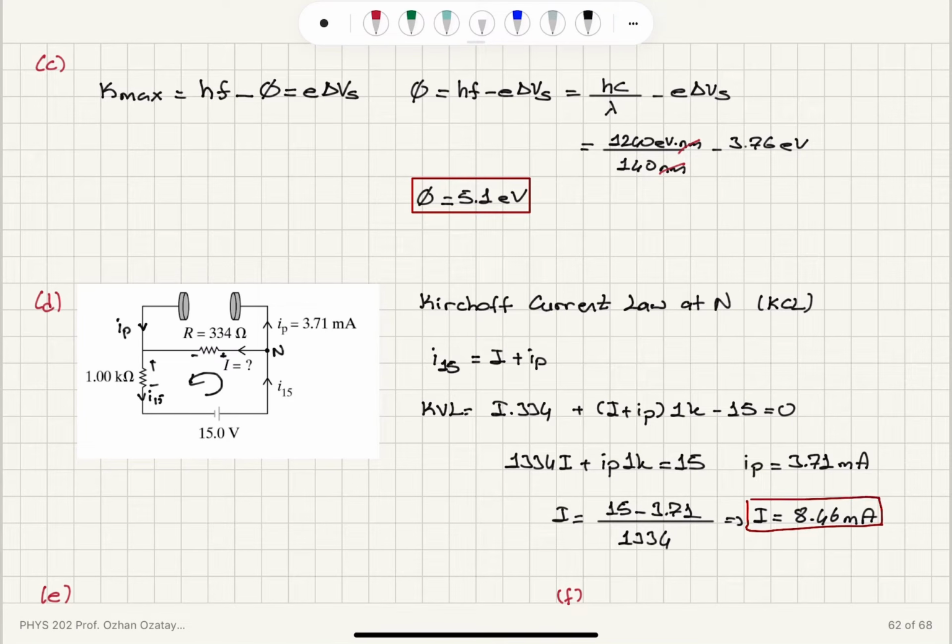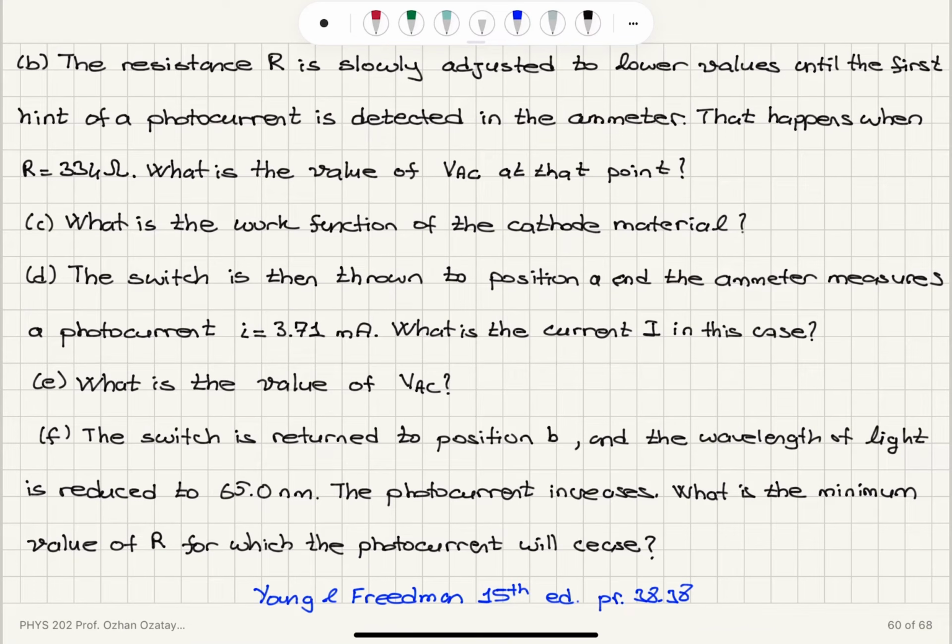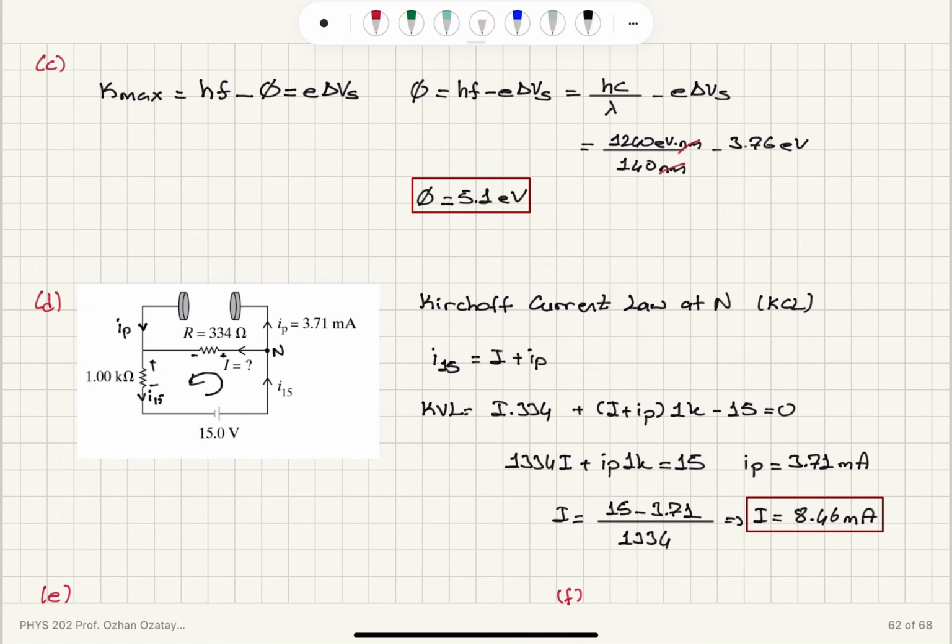So using Kirchhoff Current Law and Kirchhoff Voltage Law, I was able to calculate the current flowing in this branch. Part E, what is the value of VAC? Well, VAC is due to this current I flowing in this branch.